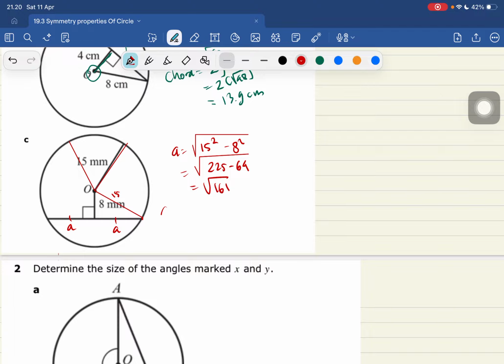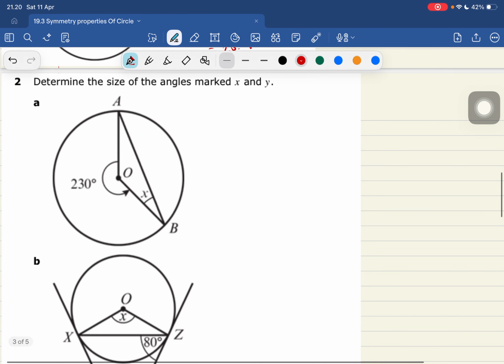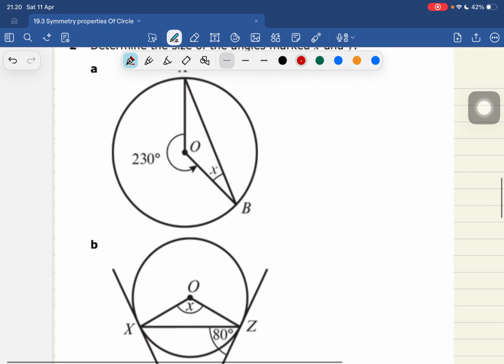As the chord is 2a, we multiply 2 by the square root of 161. So we got the chord is 25.4 millimeters.